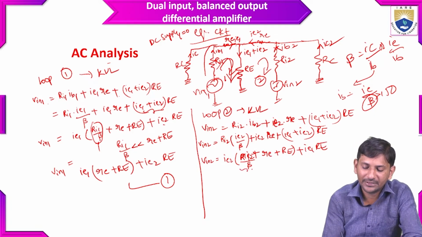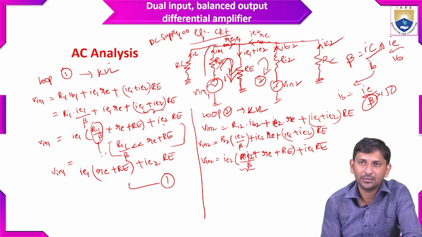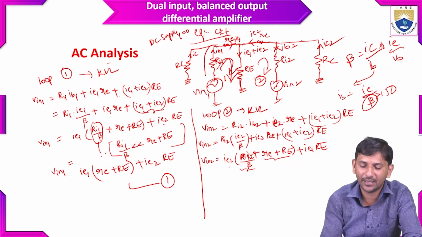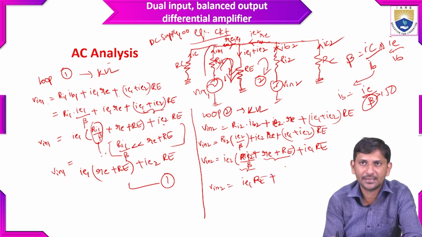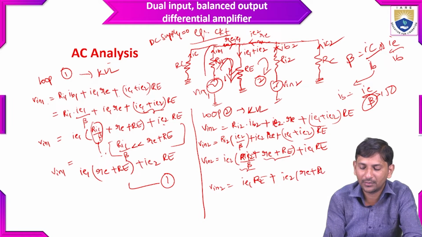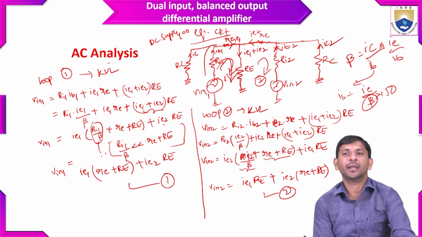Now this term will be neglected using the same reasoning: the beta factor is very high, so the ratio is very small compared to Re plus capital Re. By that, Vin2 can be represented as IE1 into capital Re plus IE2 into (Re plus capital Re). So this is the second expression, for Vin1 and Vin2 of the two loops.